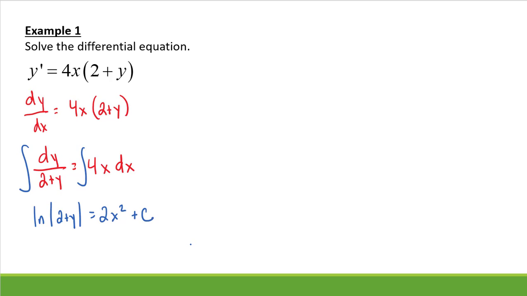Okay, so now whenever you're solving a differential equation, we need to solve for the y, okay? So writing this as an exponential, ln becomes e to the 2x squared plus c is equal to 2 plus y. And then I'm going to subtract the 2 over, and I want to talk about something that happens here.